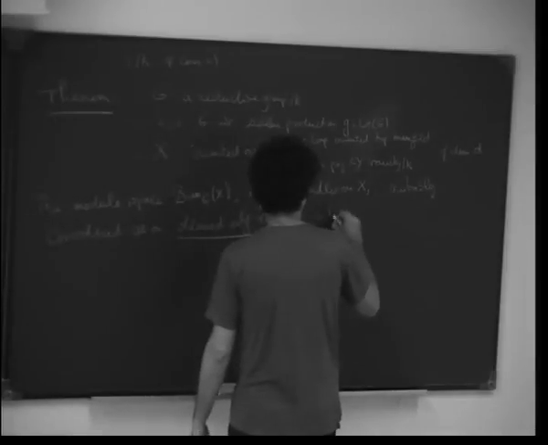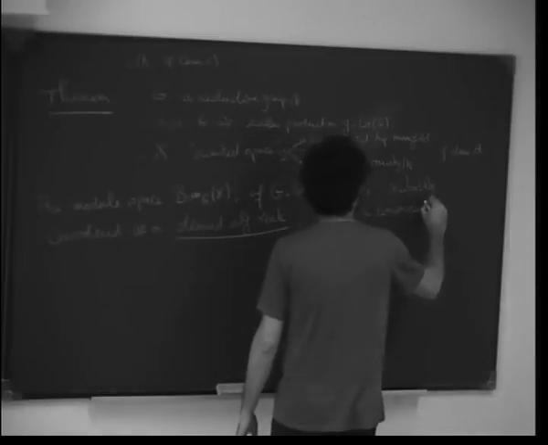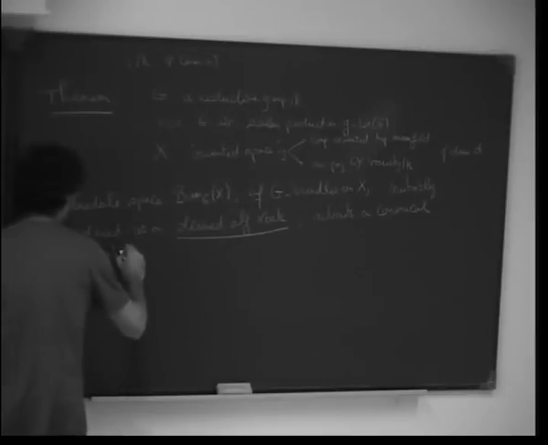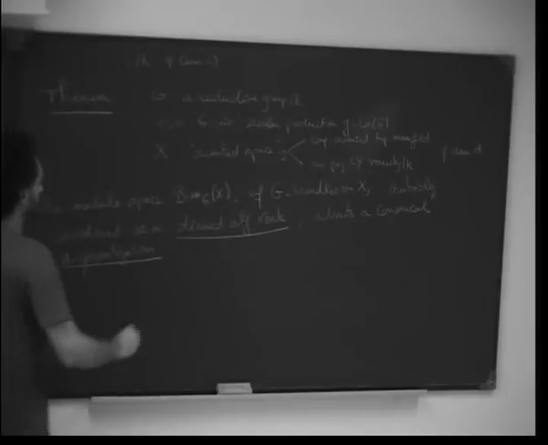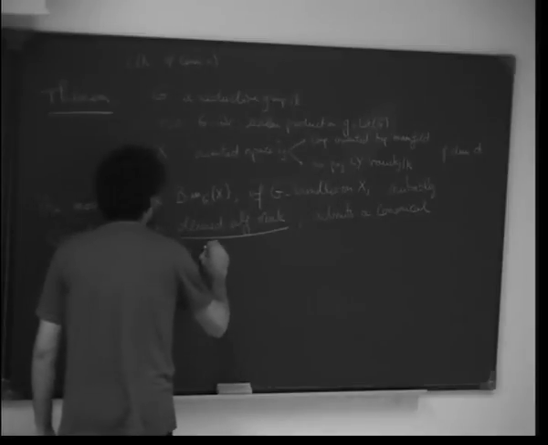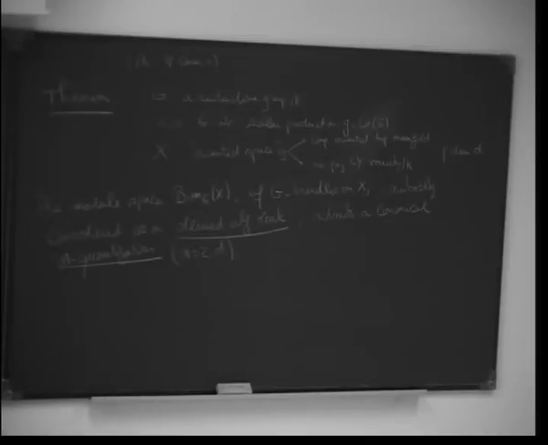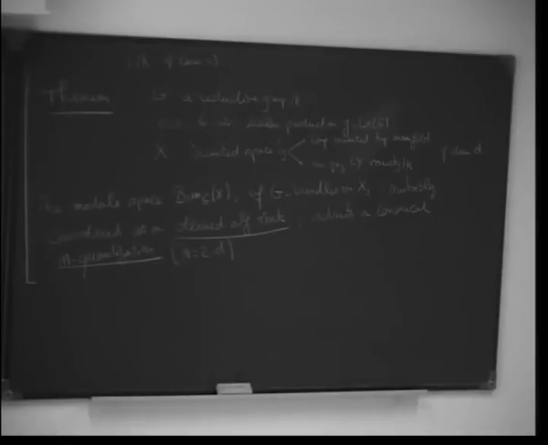Admits a canonical n-quantization. This is another word that I have to explain. And here n is an integer that is related to the dimension of the variety by the following formula. It's 2 minus d. Okay, that's the main theorem we are aiming to.